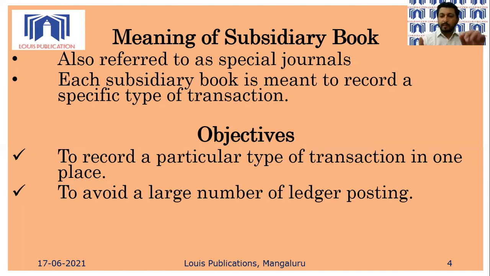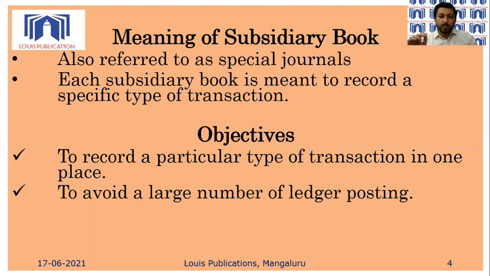So my accounting work reduces by 4 postings. I will take another example. Suppose there are 100 transactions and we pass 100 journal entries, that means there will be a minimum of 200 postings. Each simple journal entry will have 2 aspects, debit and credit. So for every journal entry, there will be 2 postings. For 100 journal entries, the minimum would definitely be 200 postings. But that is in the journal book.